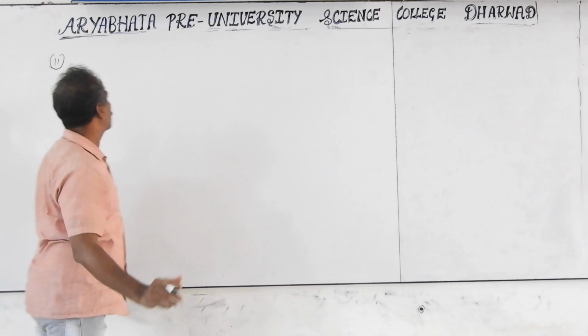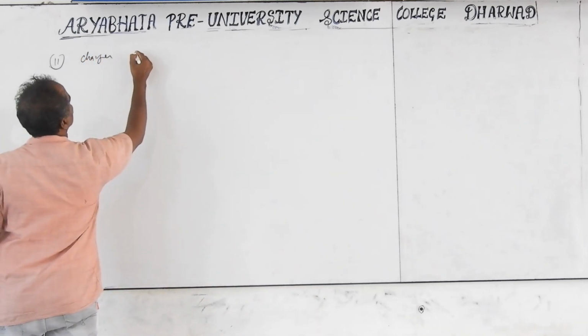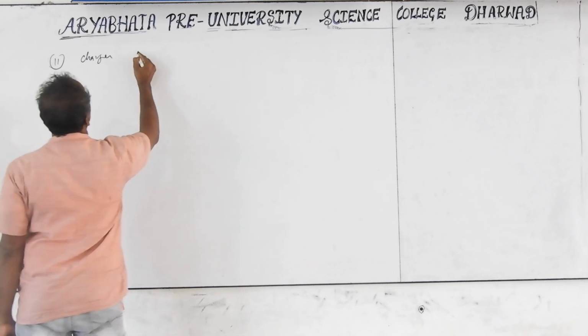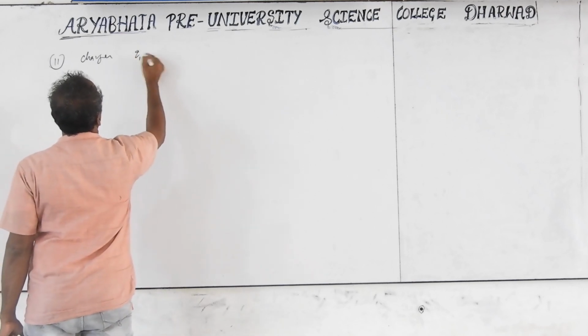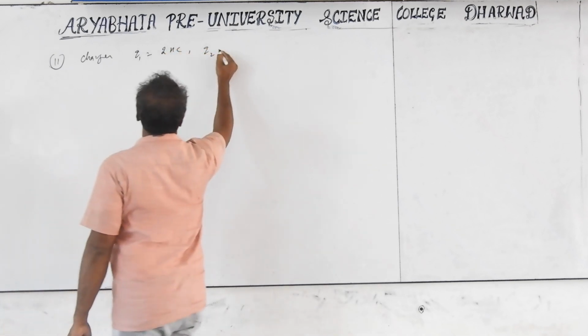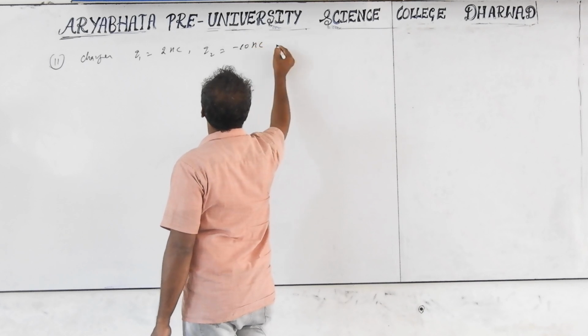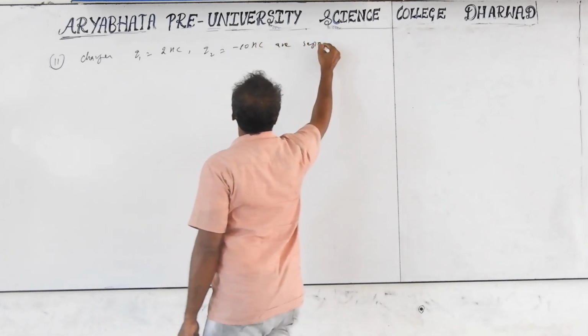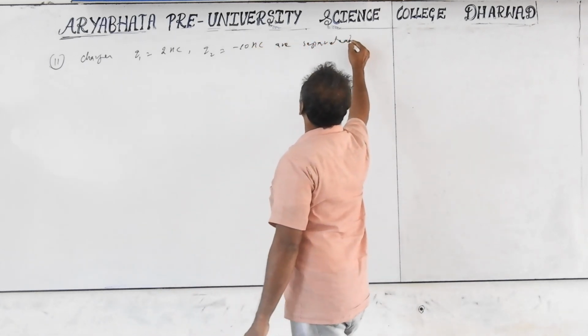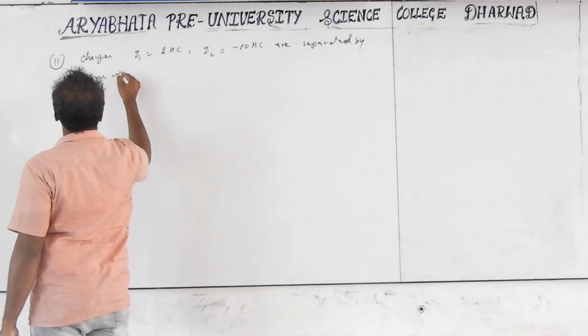Okay, 11th question. Charges Q1 equals 2 nanocoulombs and Q2 equals minus 10 nanocoulombs are separated by 10 centimeters.